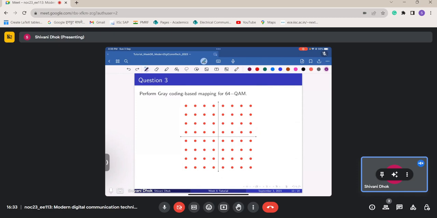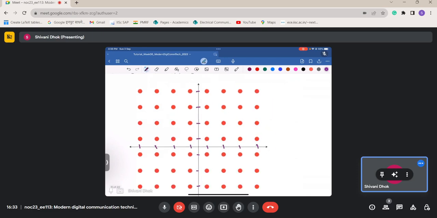So as discussed in lecture, what we do is we assign individual labeling. Like we assign first the Gray coding for these levels that are available here, and we assign gray codes for these levels like this.